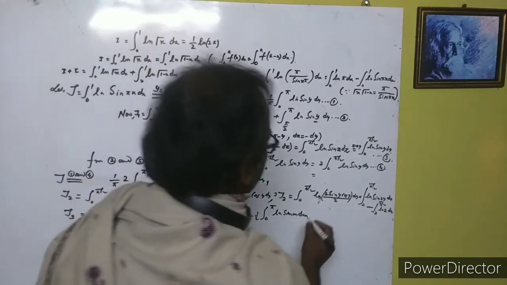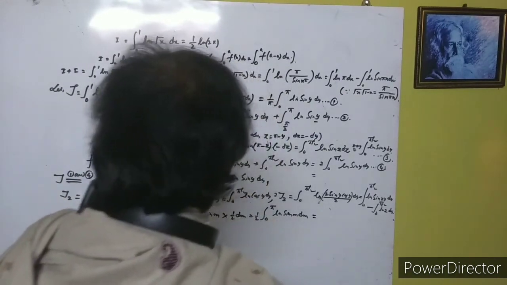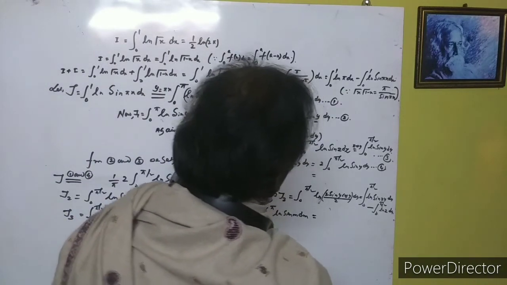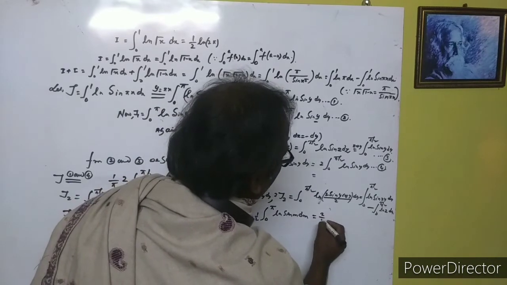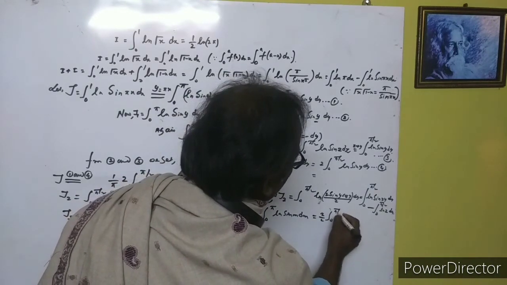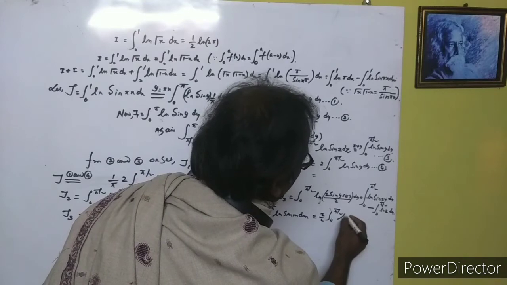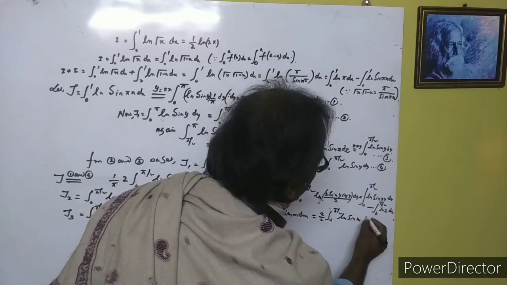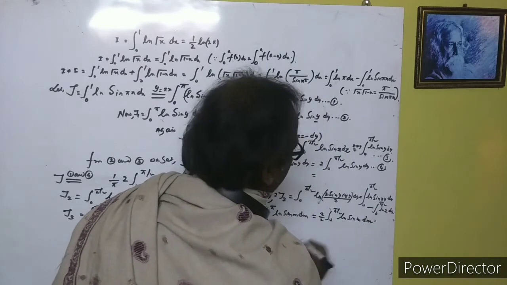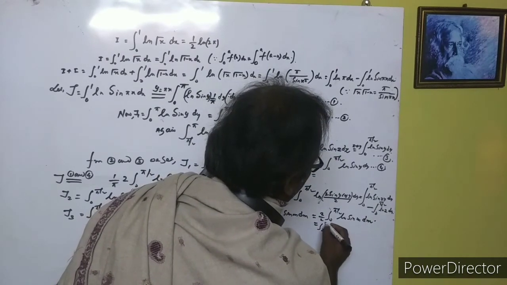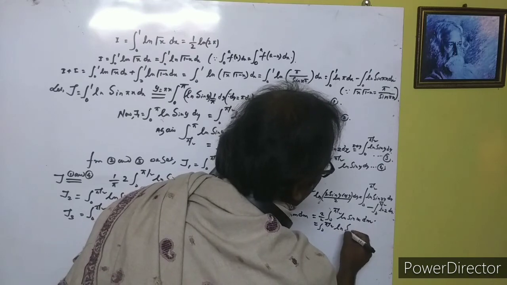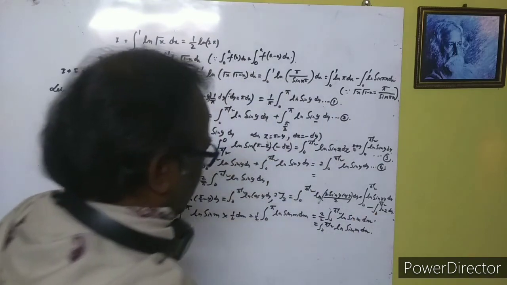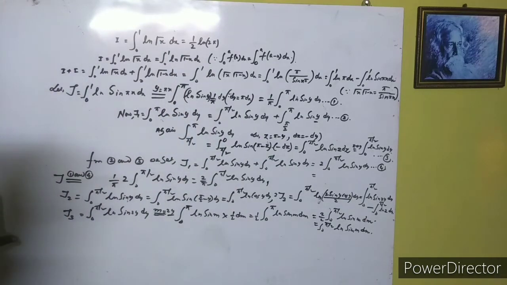and this can be written as integral 0 to pi by 2. So 2 by 2, integral 0 to pi by 2 ln sin m dm.